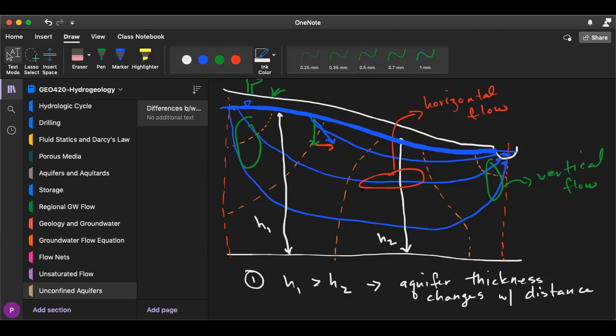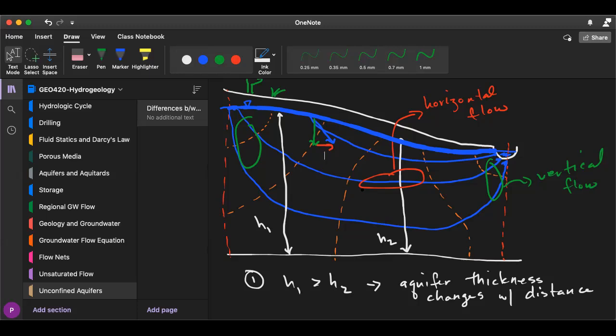Okay, so the fact that the aquifer thickness changes with head makes even writing the differential equation for the unconfined aquifer really complicated.